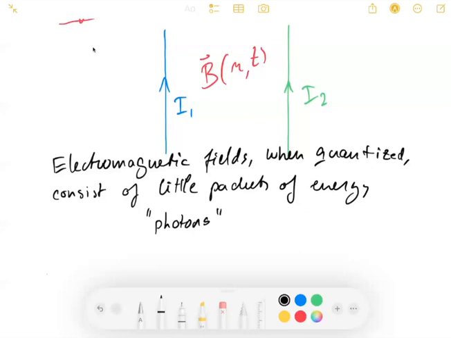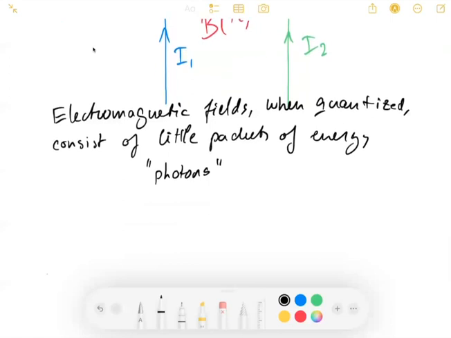Now, photons are, of course, not fermions, they're bosons, which means that they can occupy the same state without violating laws of symmetry. Why is that important?